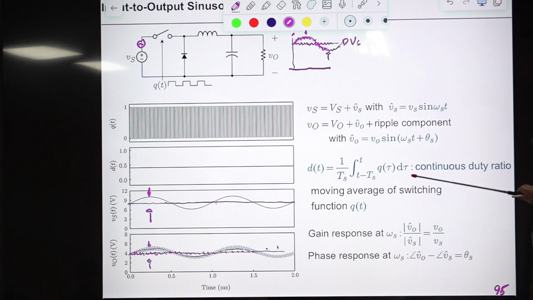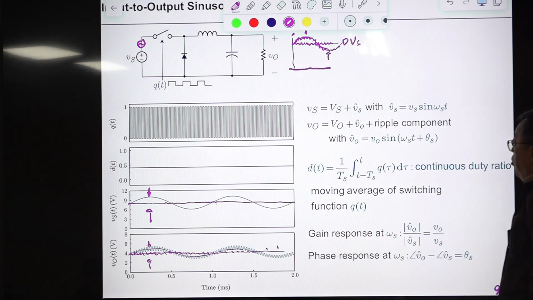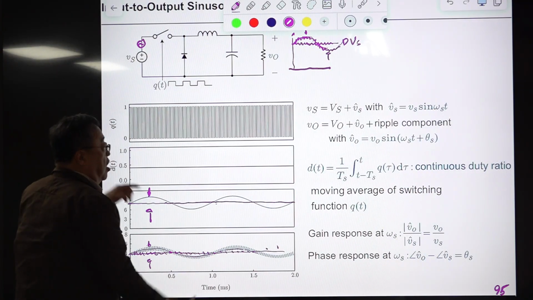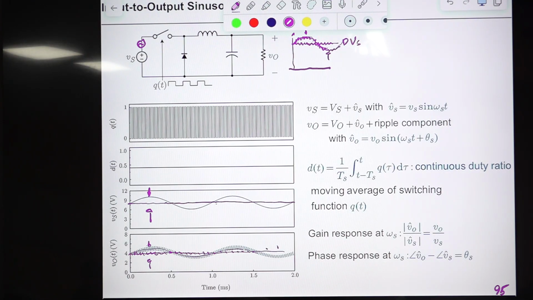That is called the continuous duty ratio, and this is the moving average of the switching function Q(t). Because this is the switching function, it has the numbers 1 and 0, and this will be a number. Right? So we are averaging, and the averaging period is Ts. Okay? Moving average of the switching function Q(t), we take this operation over the switching period.